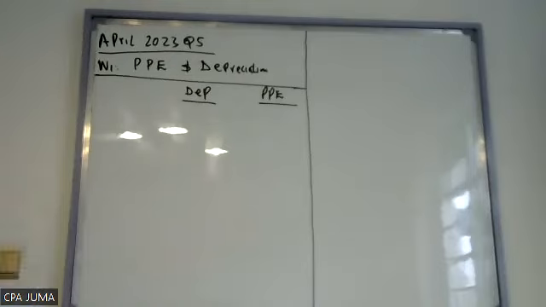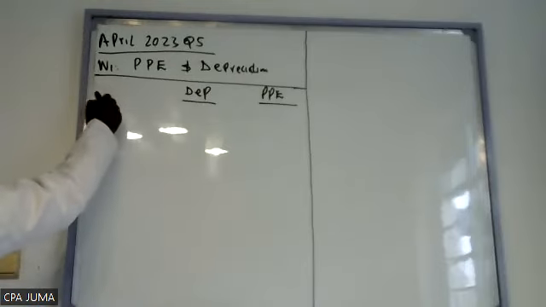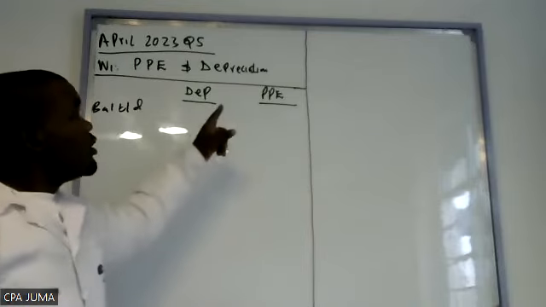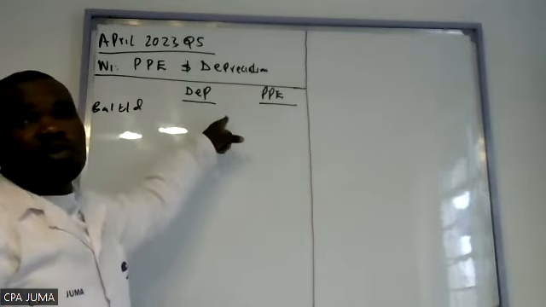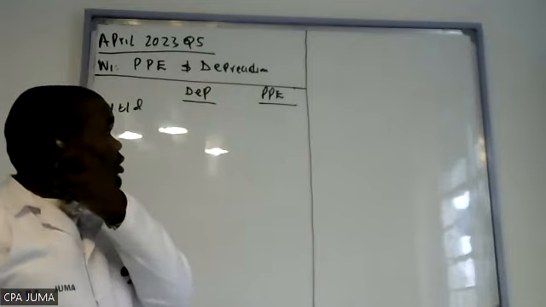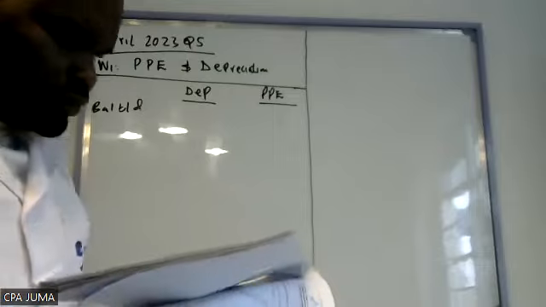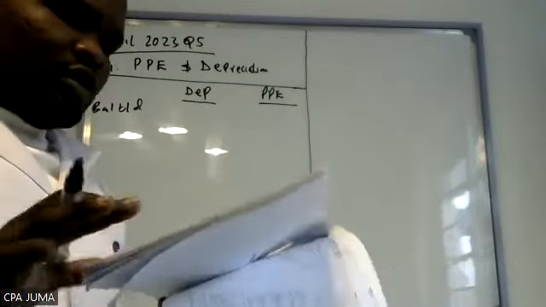So we start. Balance brought down. For PPE, bring the net book value, not cost. So, this one you got.